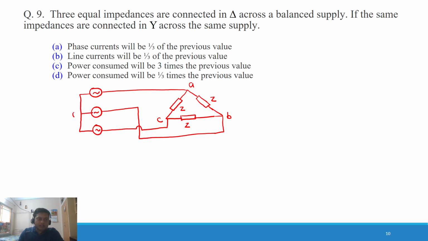Take the neutral as N, and delta is a three-phase three-wire system, so there is no neutral point in this.